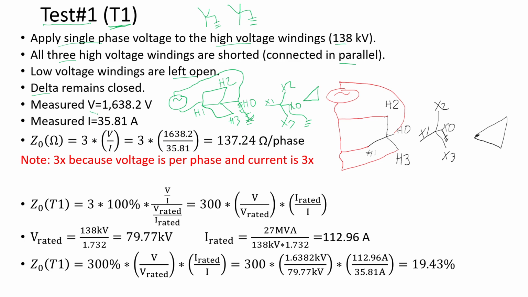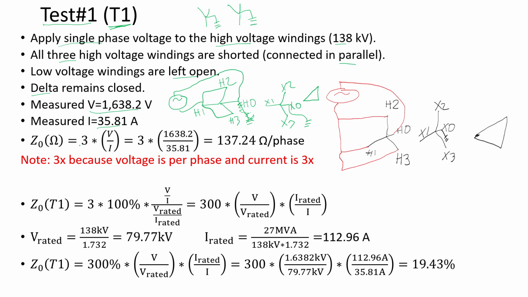So here's the measured voltage, 1.638 kV or 1638.2 volts.